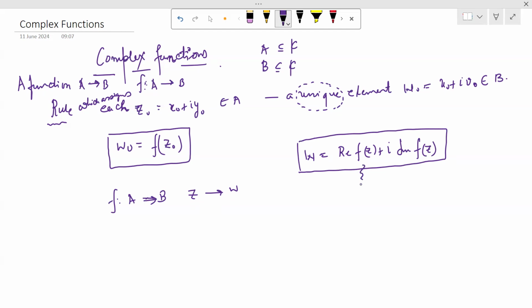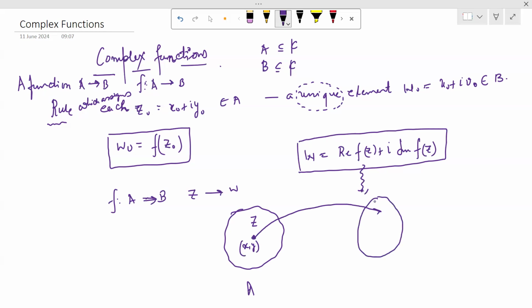And obviously, you can visualize it in this fashion: if you're taking some element Z in A, let's say this is somewhere in the region A, and let us say this is some X comma Y, you map it, and this is some region, the W plane.